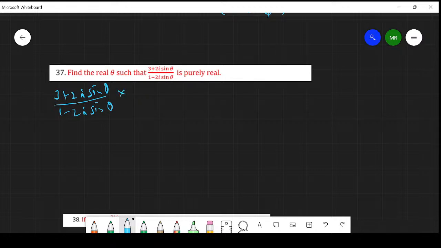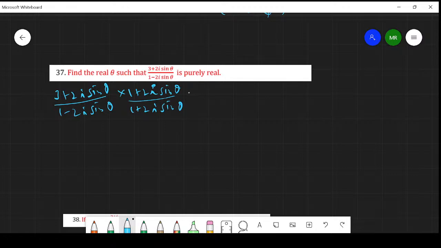You rationalize this: multiply by (1 plus 2i sin theta) by (1 plus 2i sin theta).